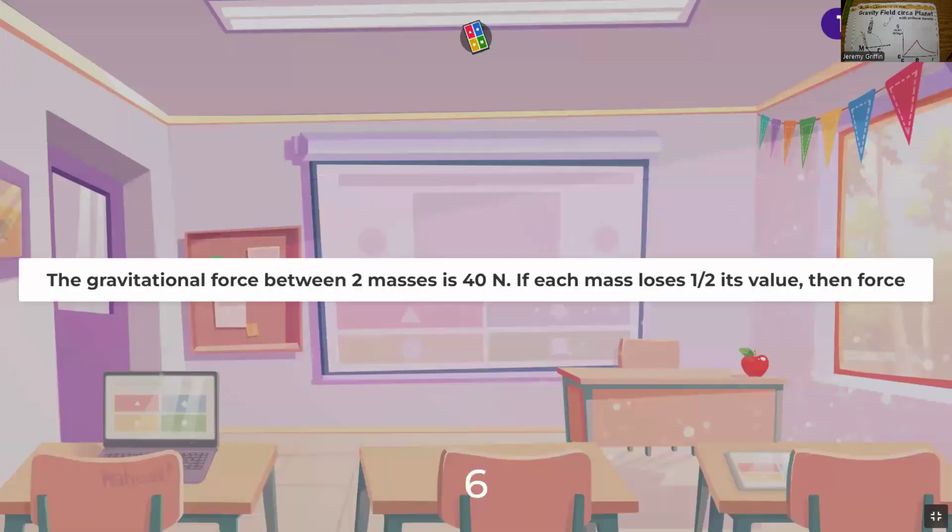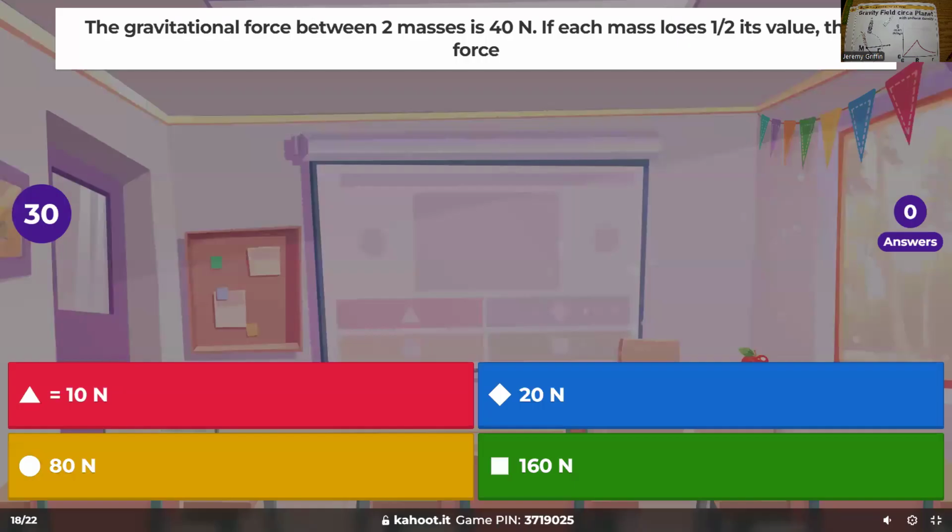The gravitational force between two masses is, let's say, 40 newtons. If each mass loses half its value, half the mass, what's the new force?